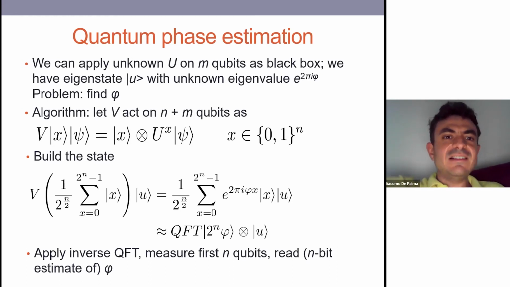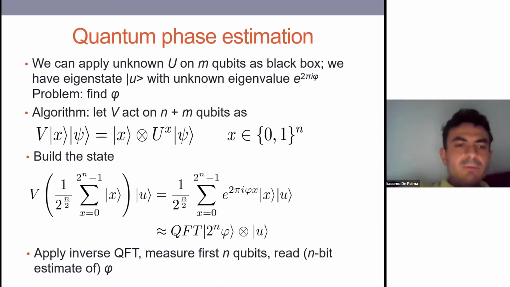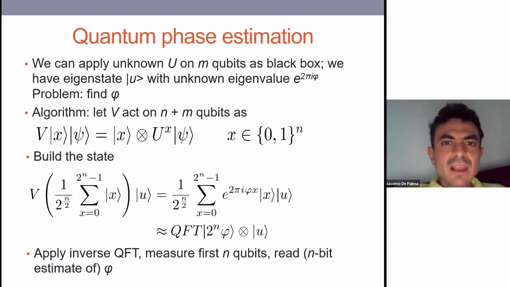And since these amplitudes are exponentially many, a single amplitude can be exponentially small, and you may need an exponential number of measurements to find an estimate of that amplitude. So this application of the quantum Fourier transform that seems to be trivial is actually less trivial.